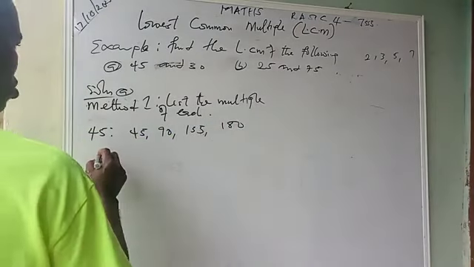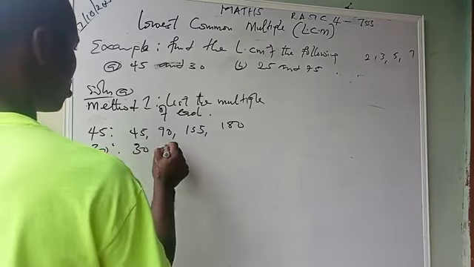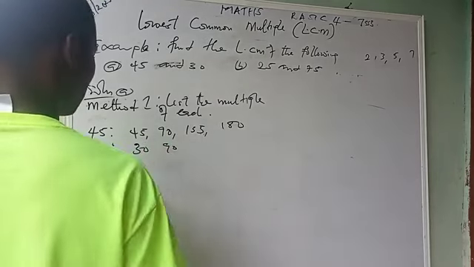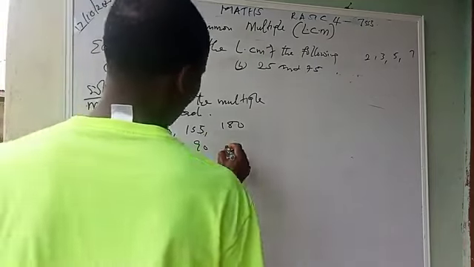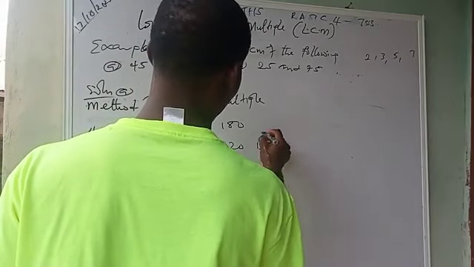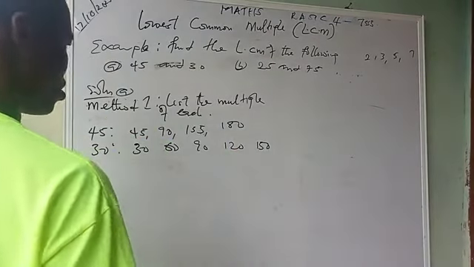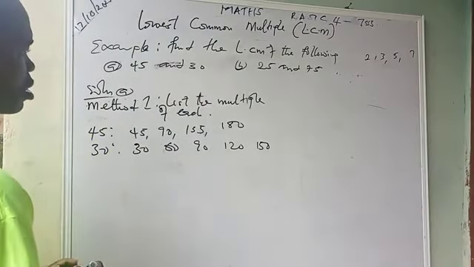Sorry, then your 30: 30, 60, 90, 120, 150.